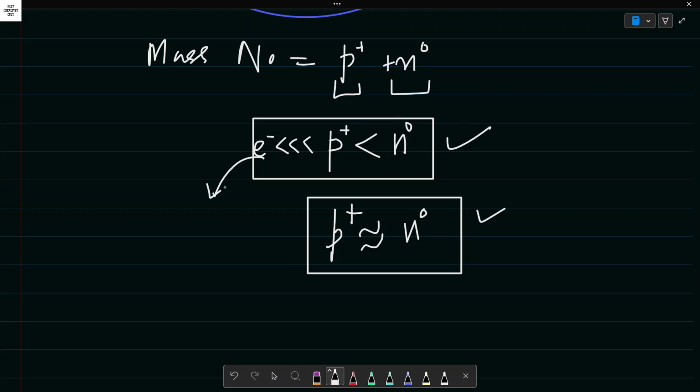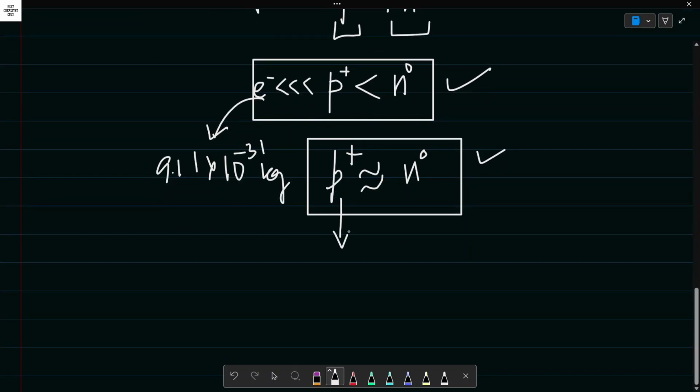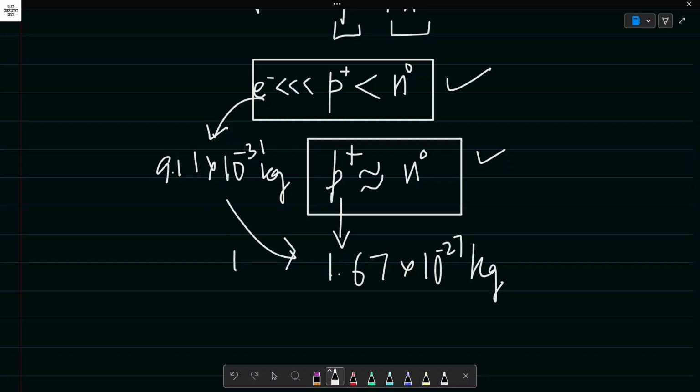The mass of the electron is about 9.11 into 10 to the power minus 31 kg. And at the same time, the mass of the proton is 1.67 into 10 to the power minus 27 kg. So you can see there's a difference of 10 to the power 4 between the two.